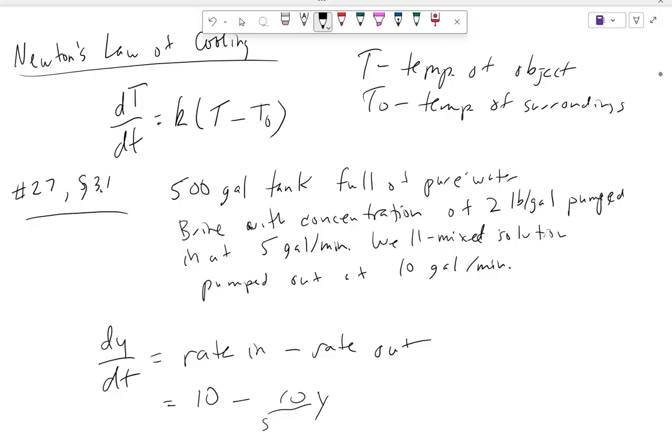And so in this case, it should be 500 minus 5t, a little bit of a tweak there. Why do I have 500 minus 5t there? Where'd the 500 come from? The initial amount, and the minus 5 comes from where? Yeah, it's the net amount in the tank, right? There's 5 gallons of stuff coming in and 10 gallons of stuff going out, so it's decreasing by 5 every minute. So again, this is a concentration piece right here.